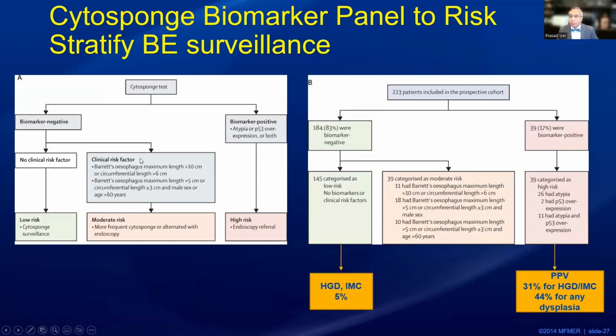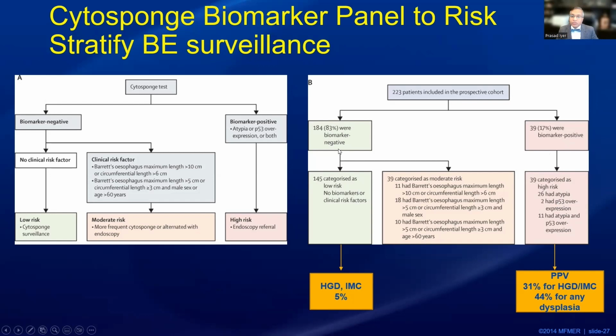And then they implemented this algorithm, so to speak, in 223 patients, wherein only those who were biomarker positive, remember this was atypia or p53 positive, on the Cytosponge samples were taken up for endoscopy, showing that up to 30 to 44% of them had dysplasia, high-grade dysplasia, or intramucosal cancer.